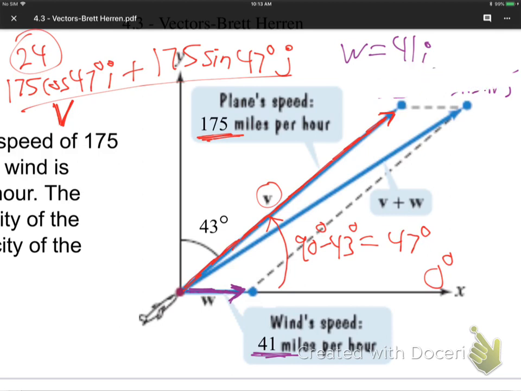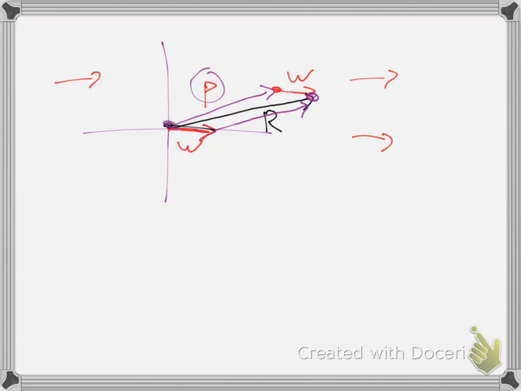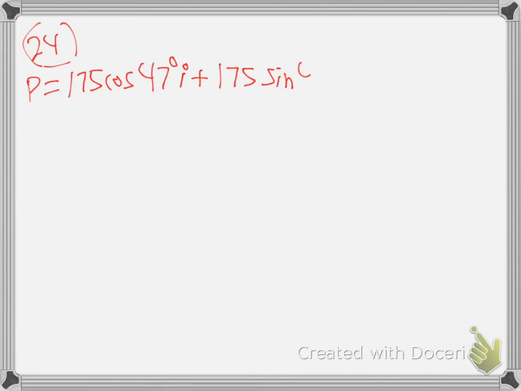All right, does that make sense for those two vectors? Compute them and do all that we normally do. So let's do it kind of quick. We don't have forever on this stuff. My goodness, these are long. So the plane vector, 175 cosine 47 i plus 175 sine 47 j.